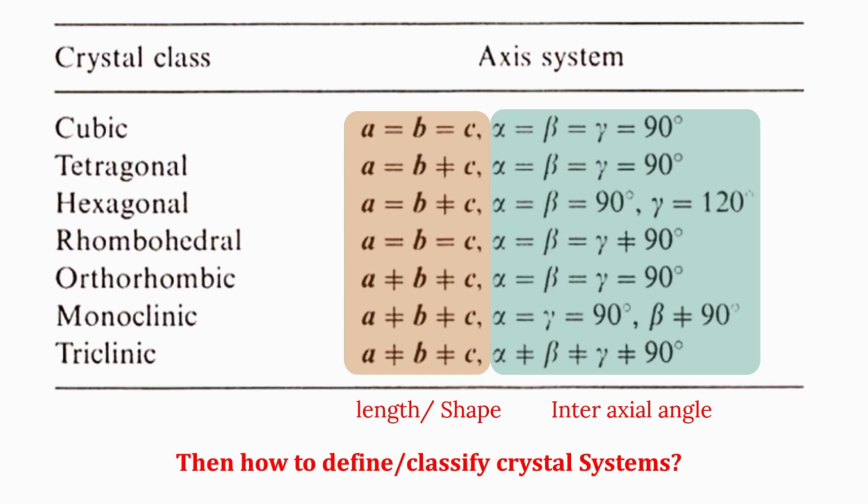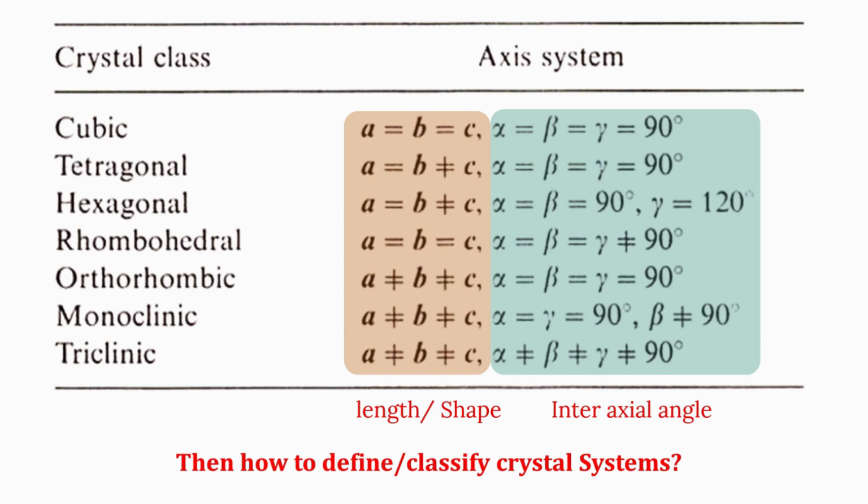Similarly, alpha, beta, gamma say the relationship of these axes, that means the interaxial angles. What is the relationship among these axes? So this is basically defining the shape of the unit cell. It is defined with the lengths as well as with the angles. That's why we should not use this to define a cubic system.